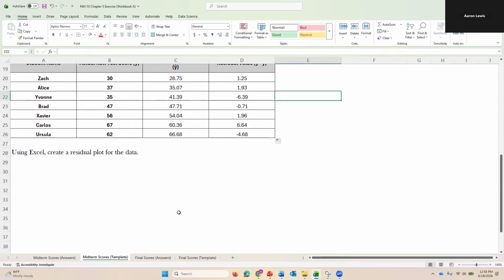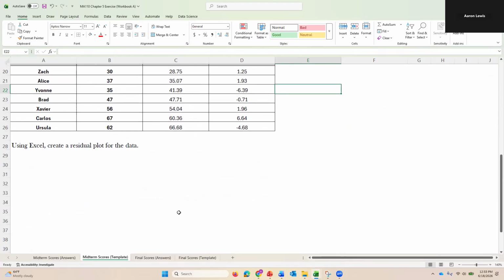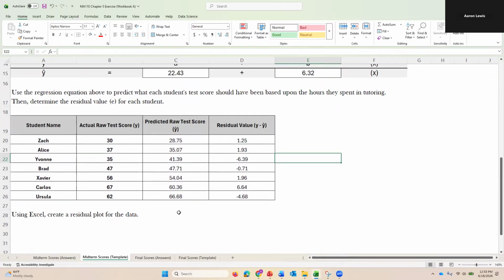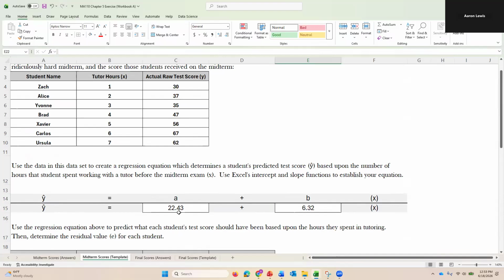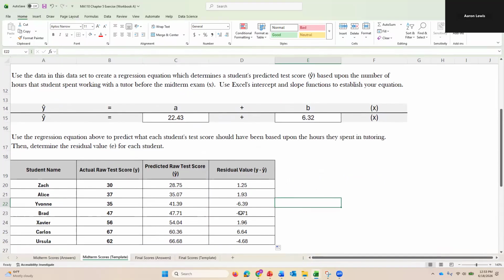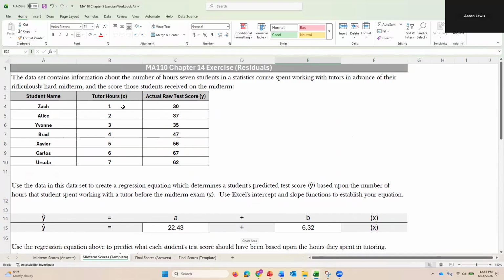And I'm going to use the insert graph idea here in Excel to make life easier on myself. Whenever you do this for a residual plot, you're going to need two things: your actual value of X and your residual related to that value of X. So I'm going to highlight my actual values of X over here.